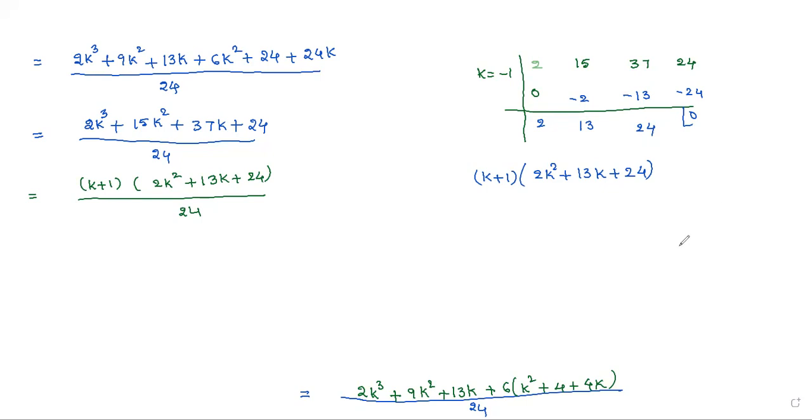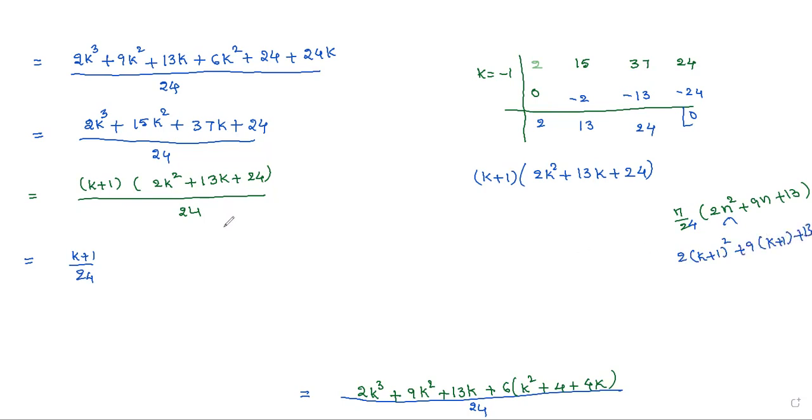The RHS term is n by 24, 2n square plus 9n plus 13. Please observe: n replace k plus 1. 2n square, how to write? 2 into k plus 1 whole square plus 9 into k plus 1 plus 13.